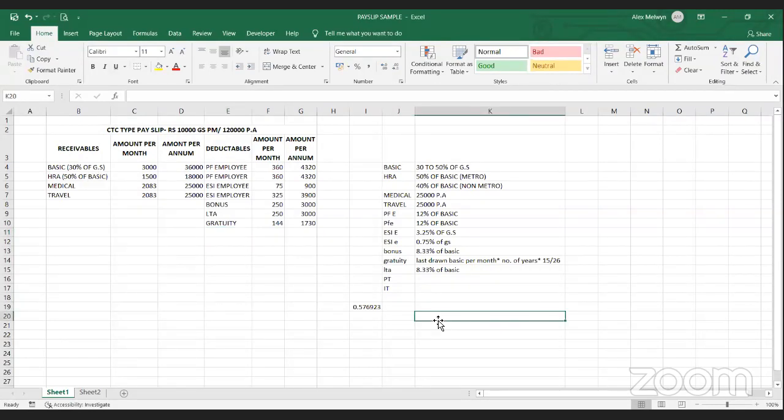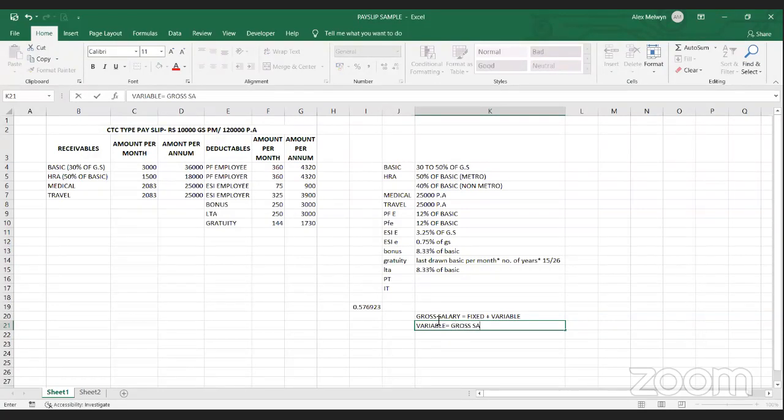There is a formula for it. What is the formula? Gross salary is equal to fixed plus variable. Right? What will be the formula? It is actually gross salary minus fixed.